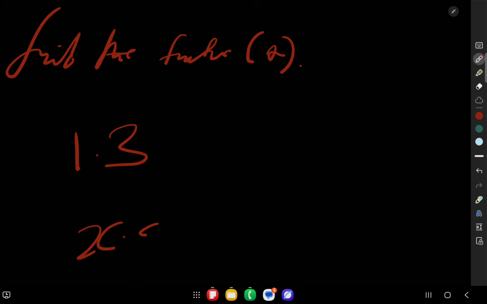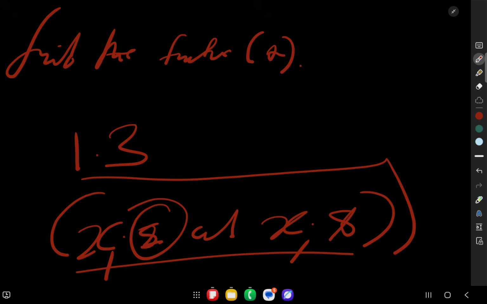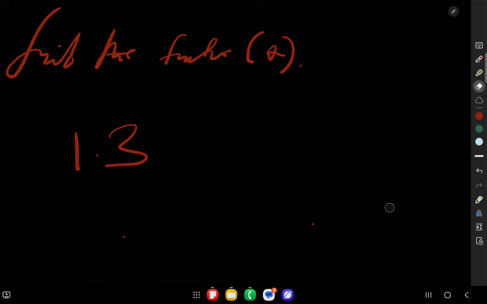Let's assume that the value you obtained was 1.3. 1.3 is in between x.2 and x.8. In this range, do not round off. X can mean any number, but what matters is the number after the decimal point to 1 decimal place. So if it is between 2 and 8, don't round off that number, but find a factor to multiply with so that it gives a number that can be rounded.